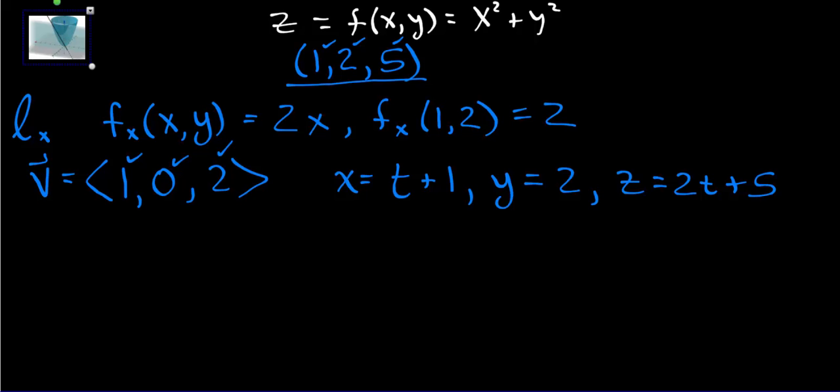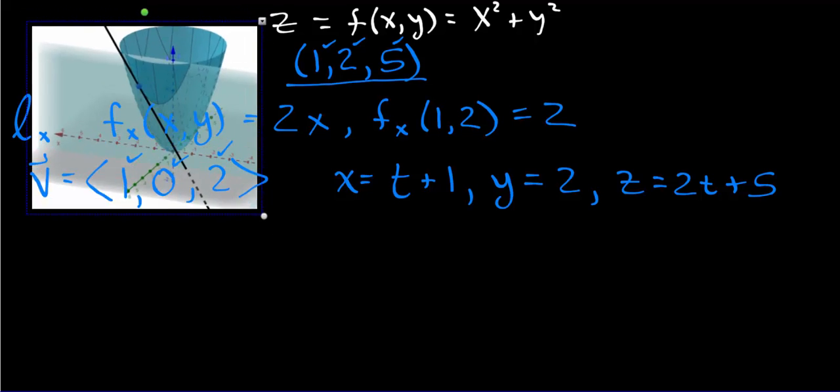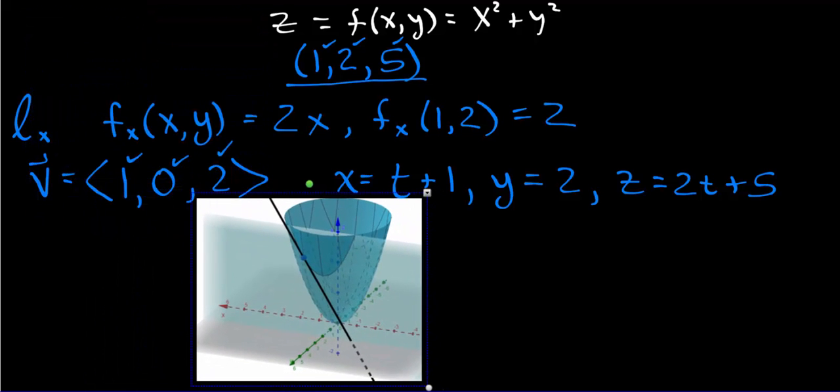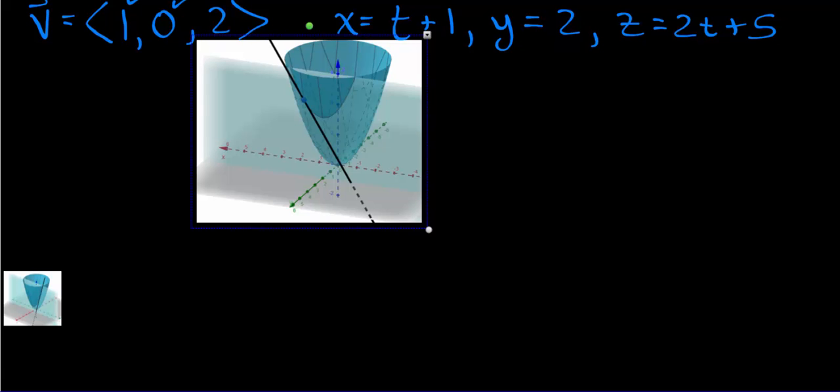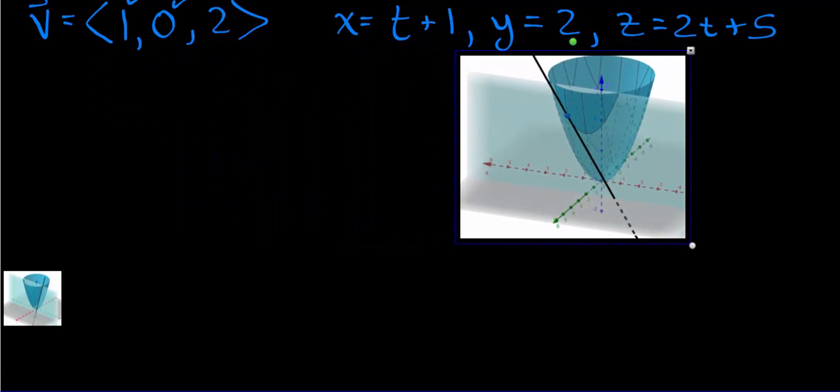Now let's look at that right here. Let me blow this up a little bit and move it down here where we can see what's going on with it. There it is. You can see the point right here, and you can see the tangent, and I went ahead and put a plane in there. This is the plane y equals 2.